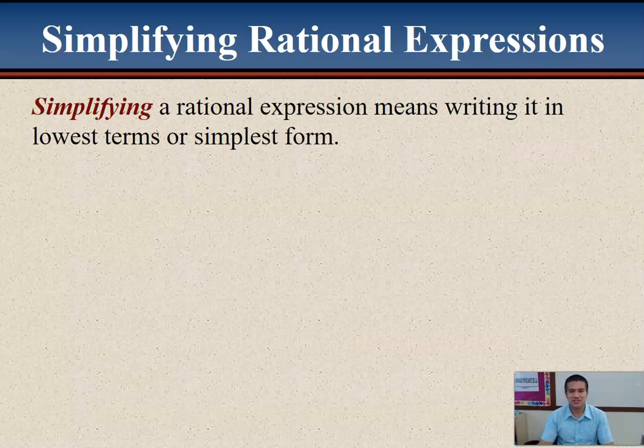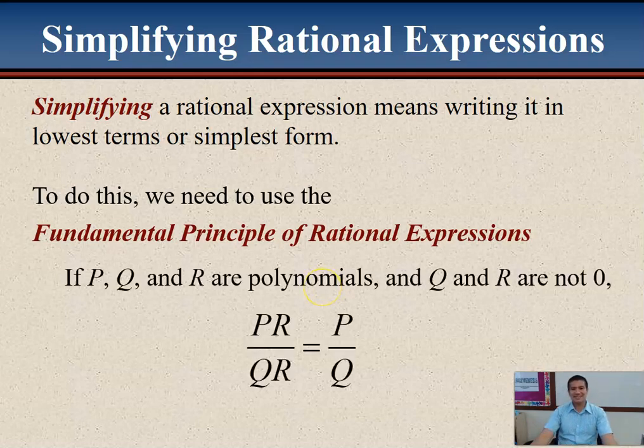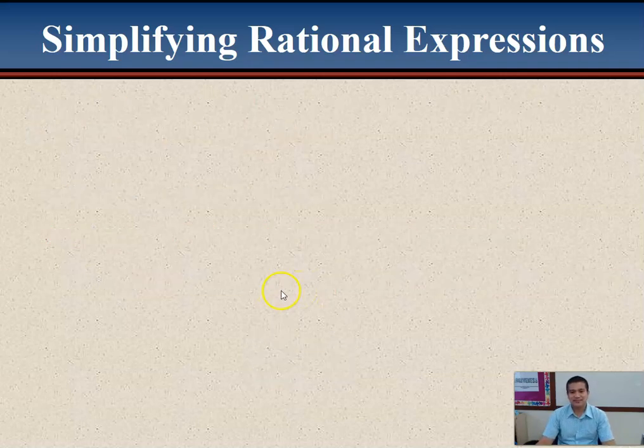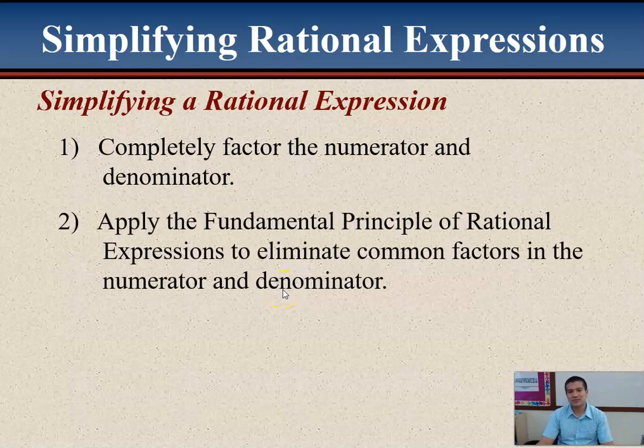Simplifying a rational expression means writing it in lowest terms or simplest form. To do this, we have the fundamental principle of rational expressions, which is PR over QR equals P over Q, where Q and R are not equal to 0. To simplify a rational expression, first completely factor the numerator and denominator.